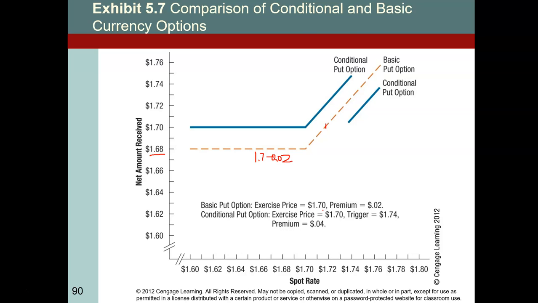So you would choose not to exercise the option. You would receive 1.72 by selling your currency on the spot market, and then you still need to pay the premium, 0.02, right? So the net amount you receive is 1.7.